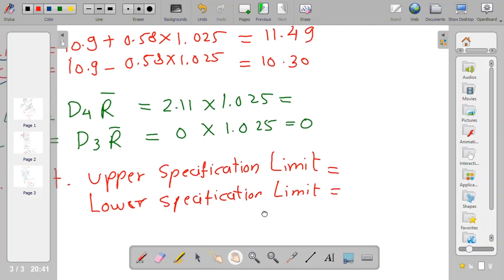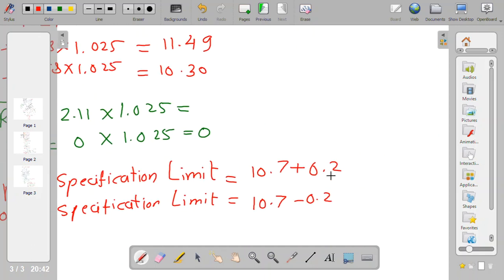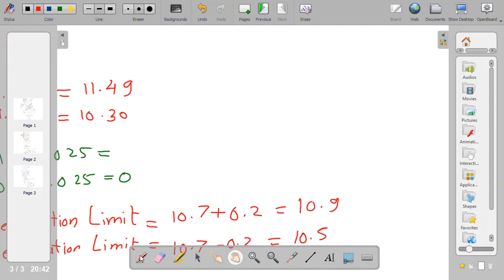They gave 10.7 plus 0.2, and here 10.7 minus 0.2. So the upper is 10.9 and the lower is 10.5.